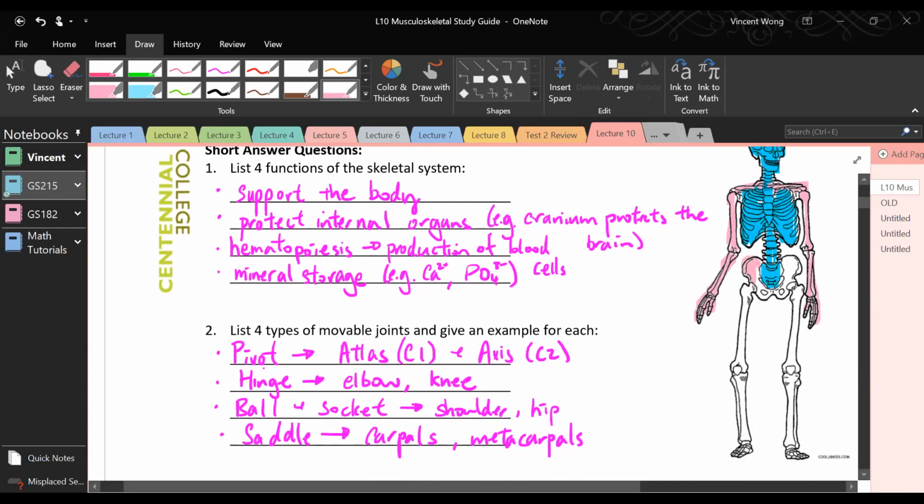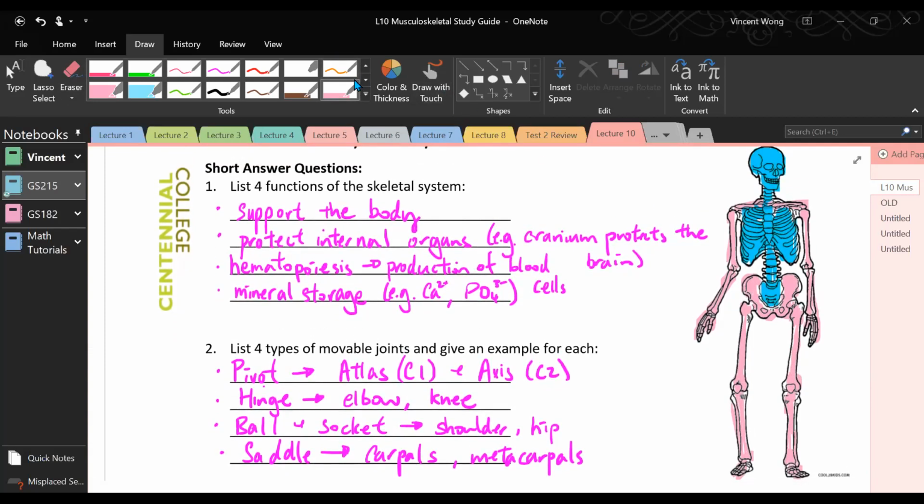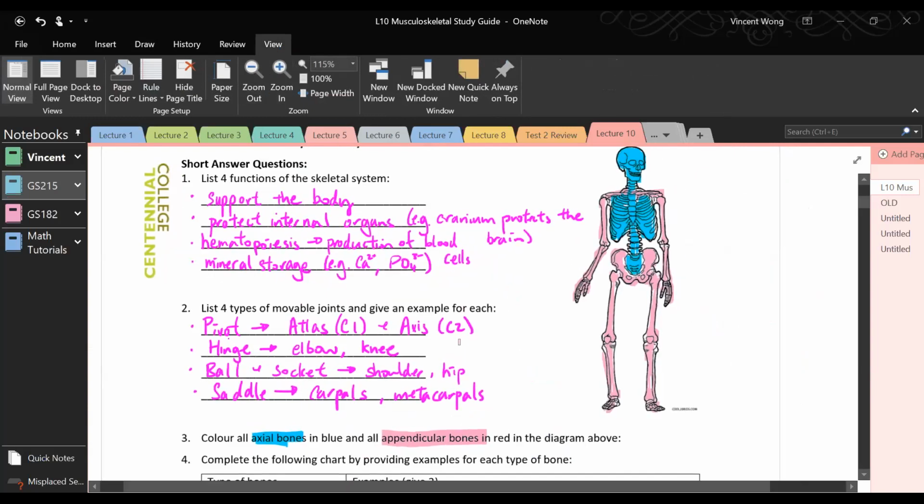Your pelvic girdle, femur, tibia, fibula, and all the bones in the feet. Okay, so all these are appendicular. So again, the axial is kind of like the main frame, and then all these things are just kind of appendages that attach onto it.